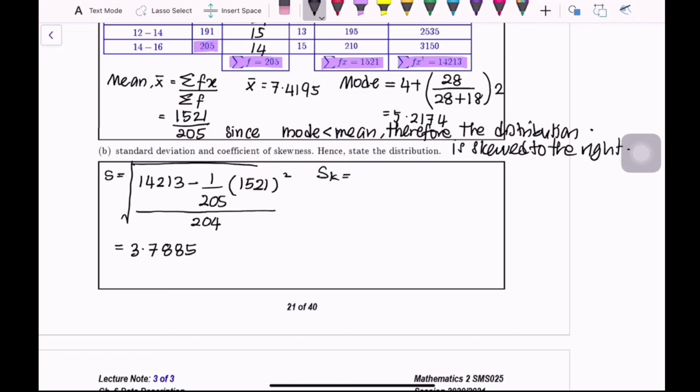To determine the coefficient of skewness, or SK, we use the formula mean, 7.4195, minus mode, 5.2174, over the standard deviation, which is 3.7885.